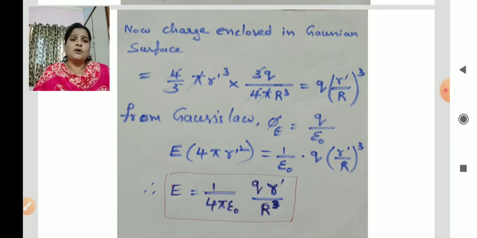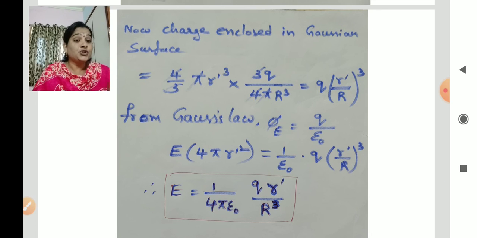So from Gauss law, I can say that the total electric flux phi E is equal to 1 by epsilon naught times the charge. Therefore, the electric flux through the Gaussian surface, which we have calculated in the previous slide, is E into 4 pi r prime square, that I have equated to the Gauss law, that is 1 by epsilon naught.